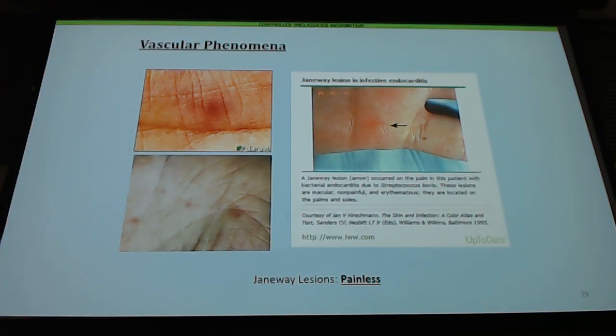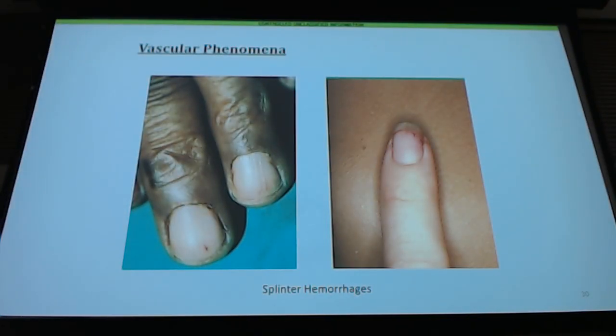So what do Janeway lesions, which is a vascular phenomenon, look like? It's just kind of this erythematous spot. The key distinction is these are painless spots. You can get splinter hemorrhages, so little parts of the vegetation break off, get sent to the small blood vessels, and you can actually see this underneath the nail beds.